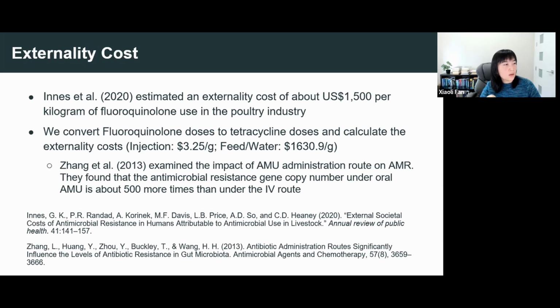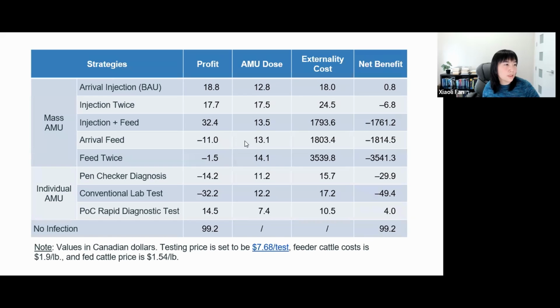So we also take that into account. Then you can tell from here the externality cost through feed or water is much higher than through injection.